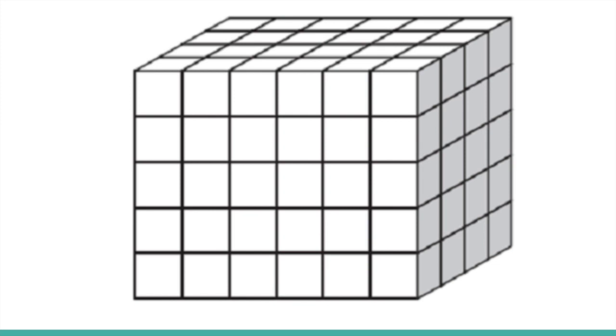So let's look. Can we find the area of the base here? Yes, we can. We can see that there are 6 squares going across the side of this base.